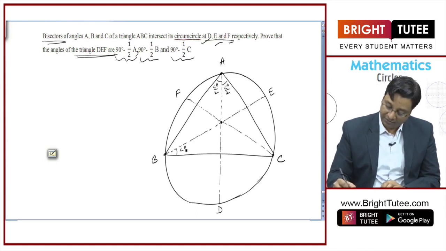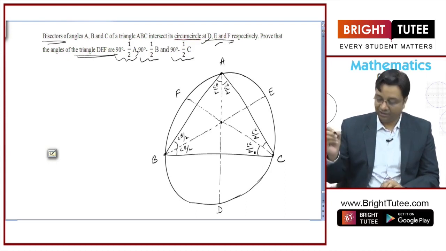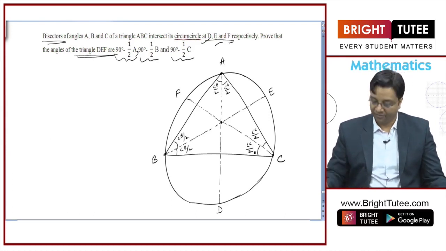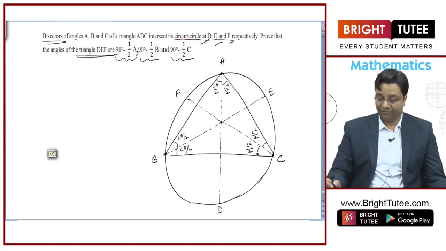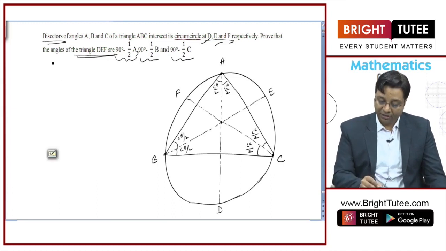So this is half of B. This is also half of B. I am writing these so that the question becomes really clear in your mind. And once the question is clear, the answer will come in 5-10 seconds. So these are half of angle A, half of angle B and half of angle C. And we are talking about angles of triangle DEF.